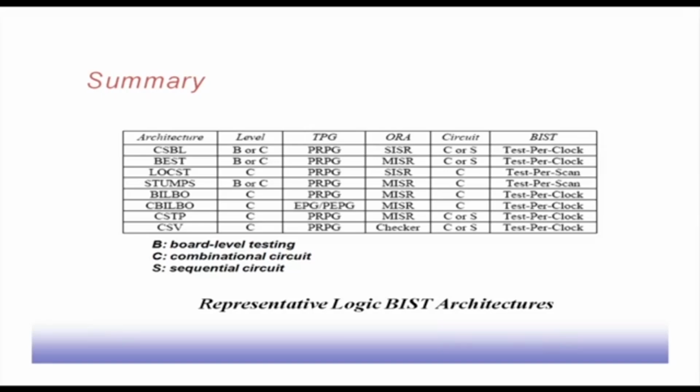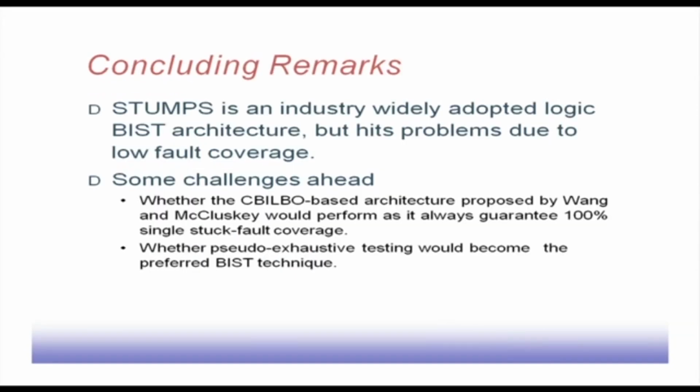So, to summarize, we have got different types of structures, and we discussed some of them. Out of all these structures that we have seen, the STUMPS is one industry standard that is accepted widely for this BIST architecture, but the problem is its low fault coverage.